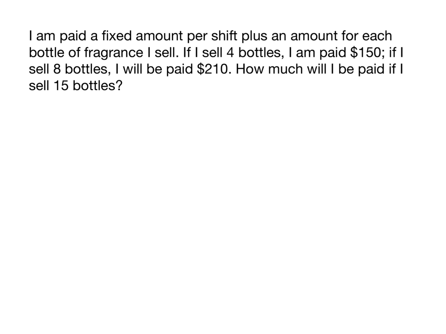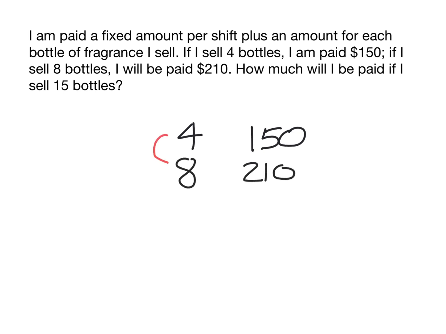If I sell 4 bottles and I am paid $150, whereas if I sell 8 bottles, I will be paid $210, what's happened is we have added 4 more bottles and we have increased pay by $60. So the gradient here is 60 over 4, which is 15.